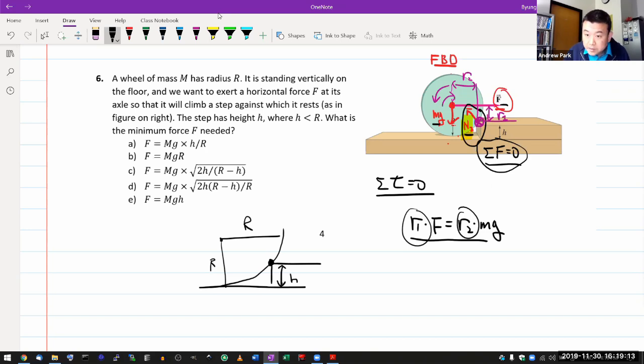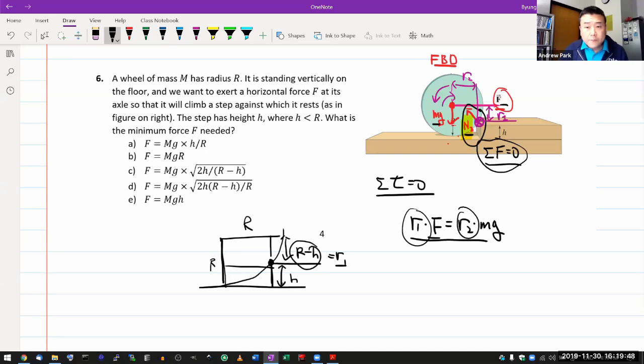The lever arm for the applied force is going to be easy. That's this distance, R minus H, because with these vertical distances, I have R minus H giving me R1. That's the lever arm for applied force F.